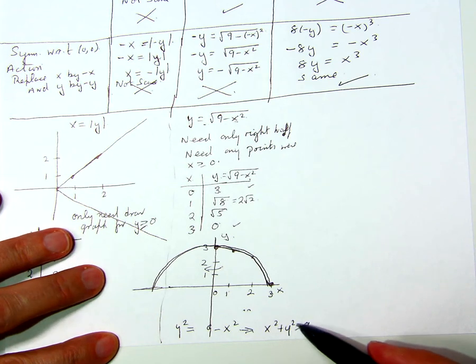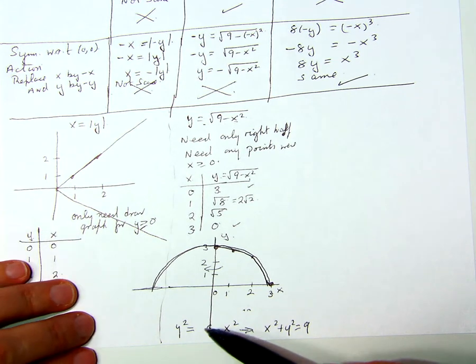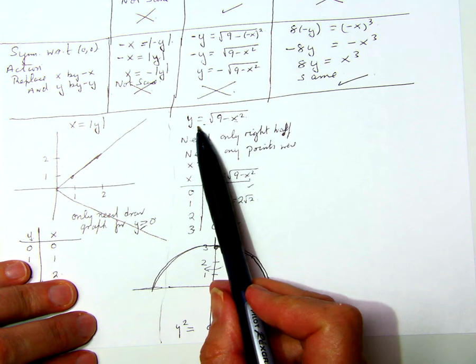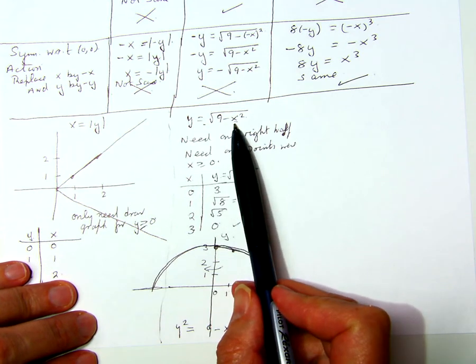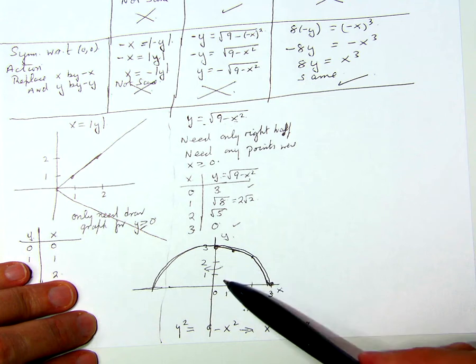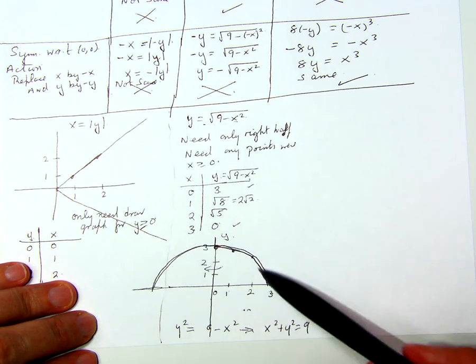So the graph of this equation includes the lower half of the circle. We've lost some information here by squaring both sides. Here y is only allowed to take on the positive values, so we really just have the upper half of the circle.